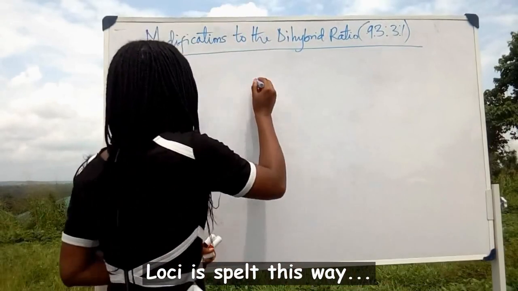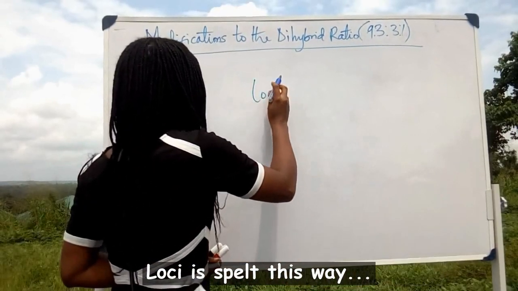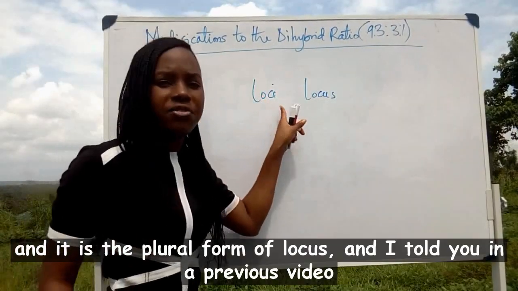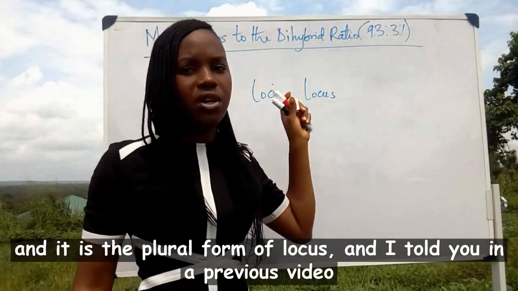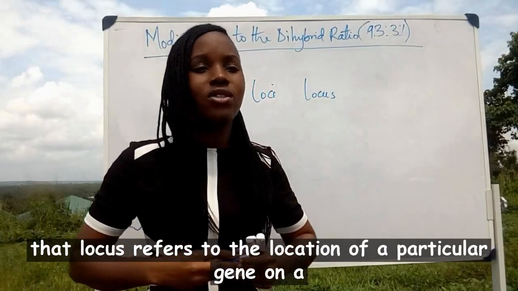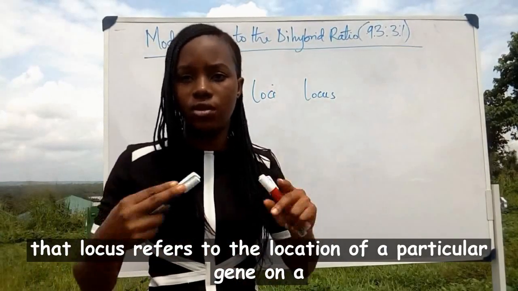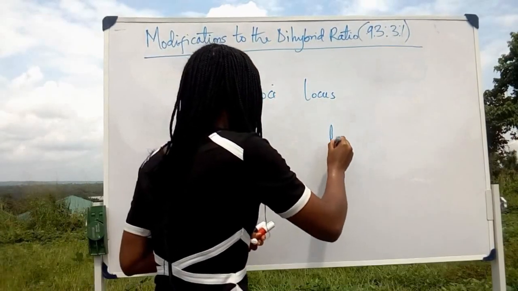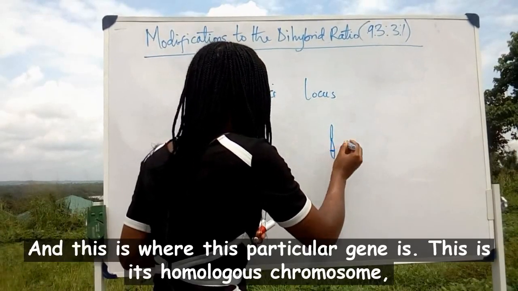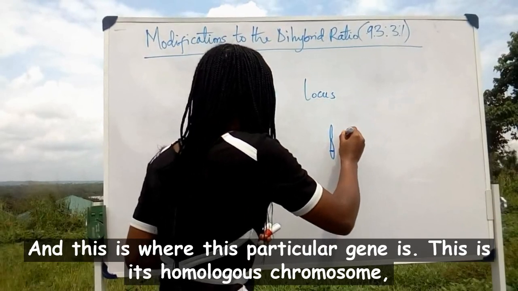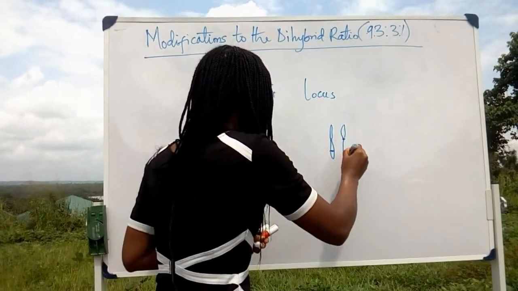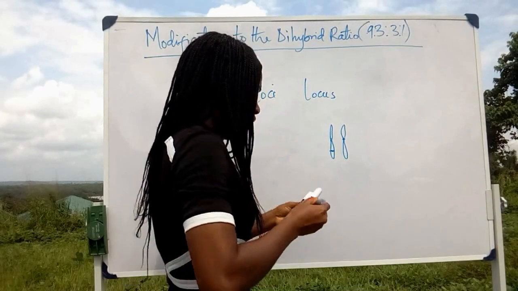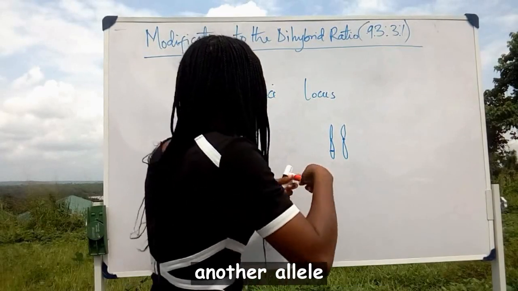Loci is spelled this way, and it is the plural form of locus. And I told you in a previous video that locus refers to the location of a particular gene on a chromosome. So let's say this is the chromosome, and this is where this particular gene is on its homologous chromosome, and this particular gene has another allele.